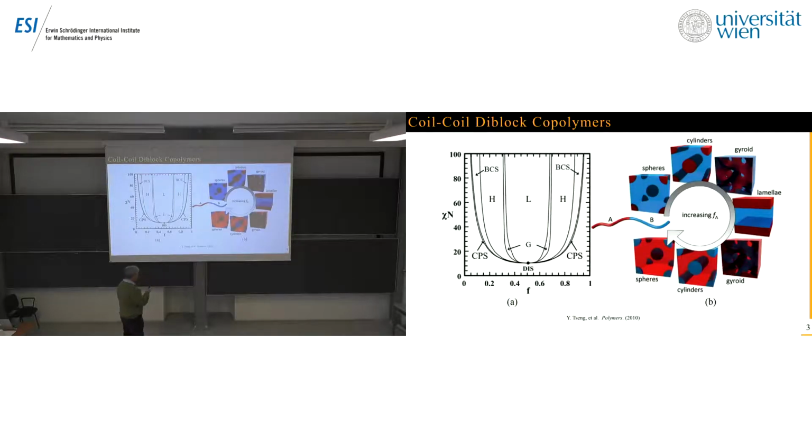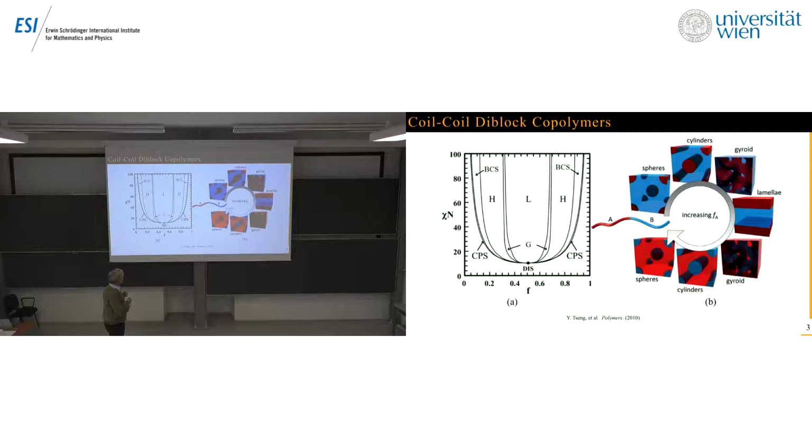And of course here, everything depends on the fraction of one component. So if we take, say, component A and start to increase its fraction, then we go along all these phases, starting from spheres, then cylinders, which make the hexagonal phase, then gyroid, lamellar phases, and then in the same order backward.